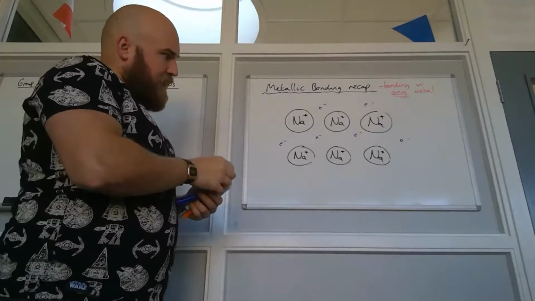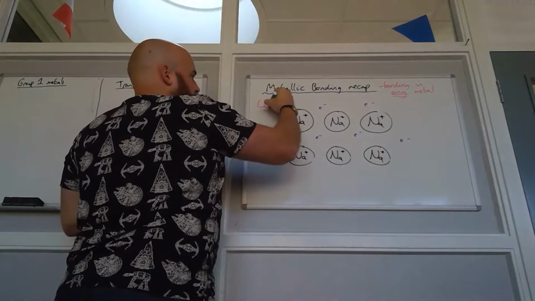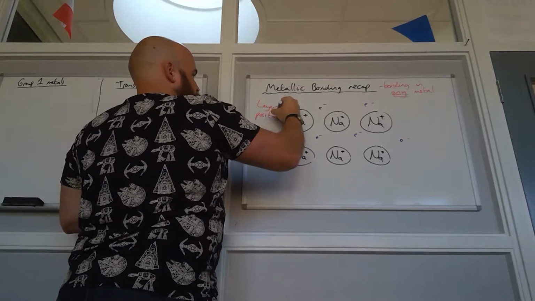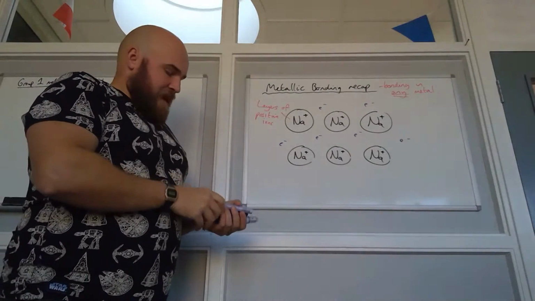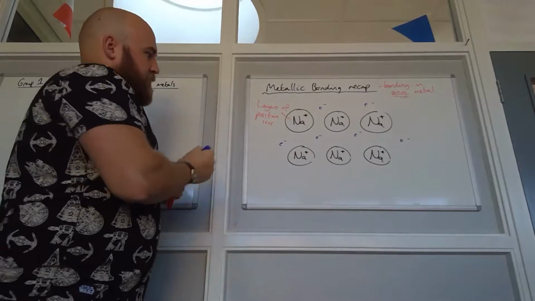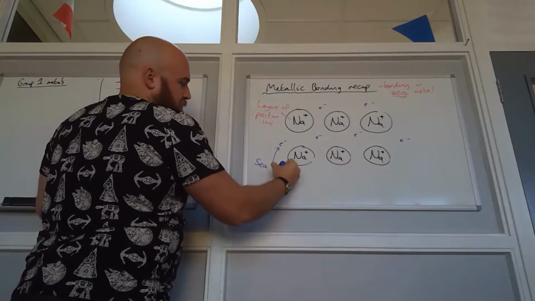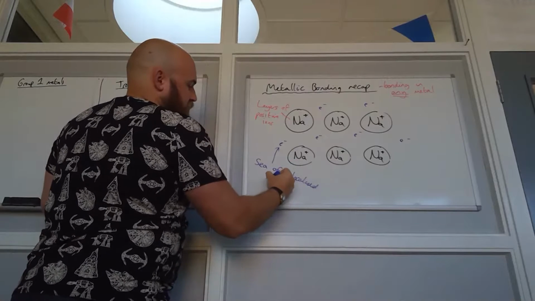This is the basic structure of any metal. You've got these layers of positive ions, and surrounding them, you've got this phrase, it's very popular in GCSE Chemistry, a sea of delocalized electrons.